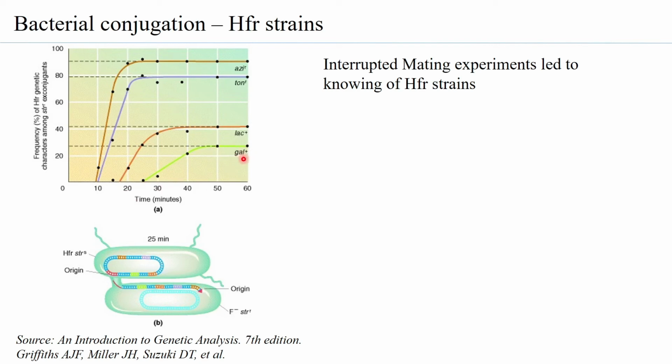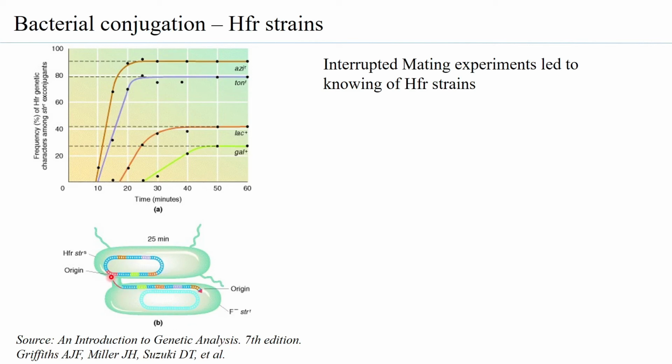Which means that interrupted mating has shown that in a certain order, you have this entering the recipient cell first, then this enters second, this the third, and this the fourth. Because of this order in which the genes are being transferred from the donor cell to the recipient cell, it is possible to map the chromosomal DNA. So this is an extremely important thing.